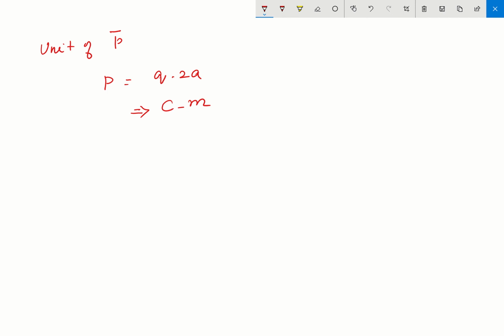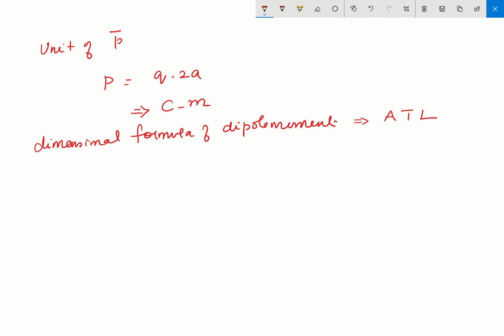What is the dimensional formula for the dipole moment? Coulomb meter: coulomb is A T and meter is L. So it is A power 1, T power 1, L power 1, M power 0.